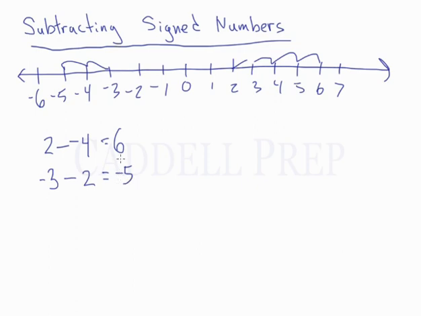Negative 5. Okay, what if we had negative 2 minus 2? We have negative 2, and we're taking 2 away. So we go further down to negative 4.